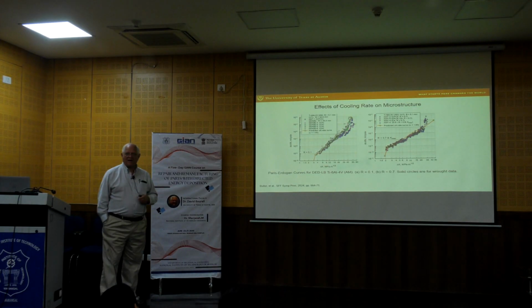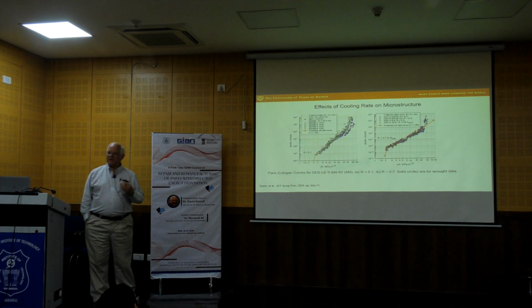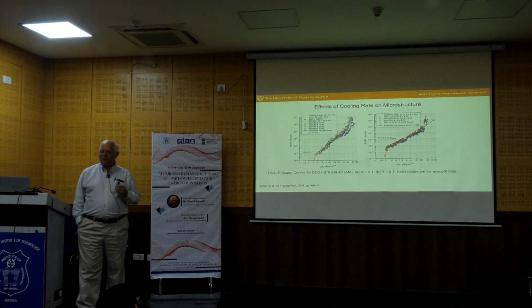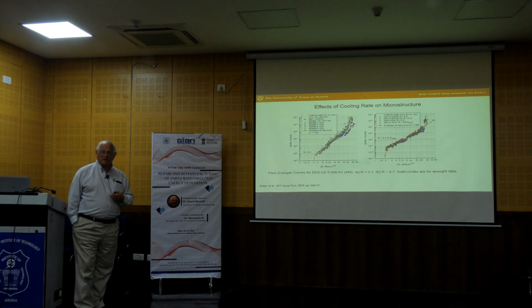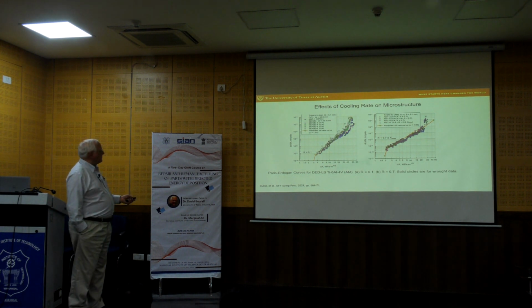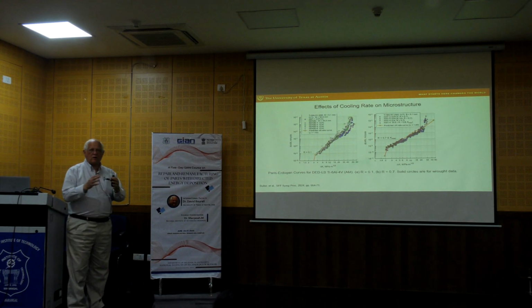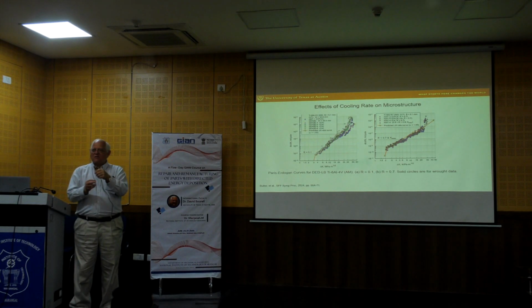What's shown here, I'm not sure if these curves are familiar to you. I call them Paris-Erdogan plots. Again, it's fatigue data, but it's a plot where we're cyclically loading the part, and with every cycle, the crack gets a little bit larger.